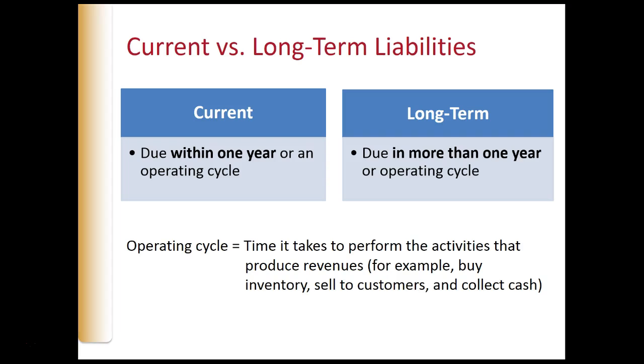But for some companies like a winery, it might take longer than a year to perform the activities that produce the revenue. So we call the time it takes to produce revenues the operating cycle. If a company has an operating cycle longer than 1 year, its current liabilities are defined by the operating cycle rather than by the length of a year.